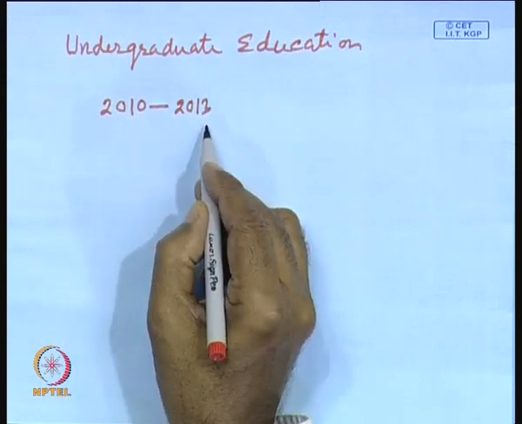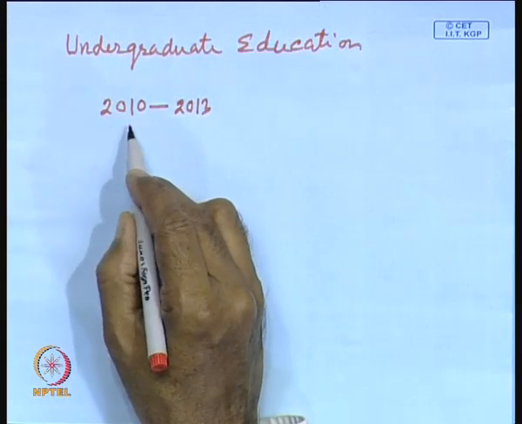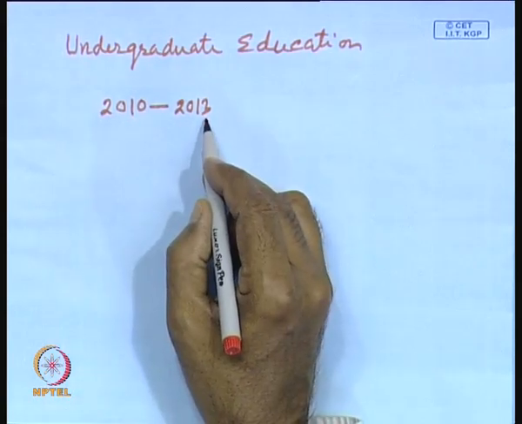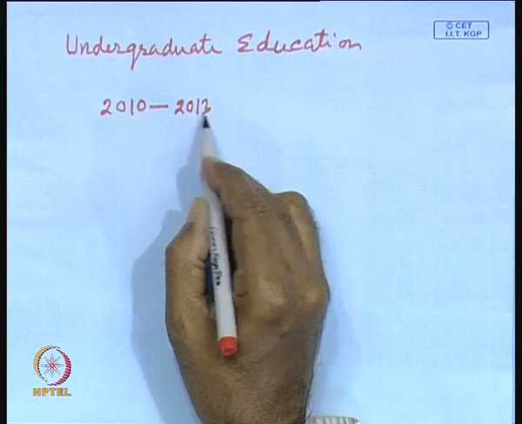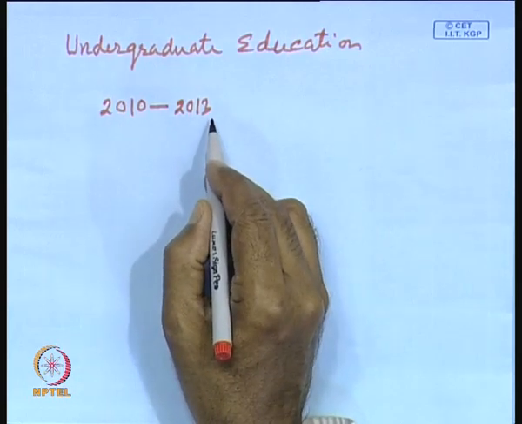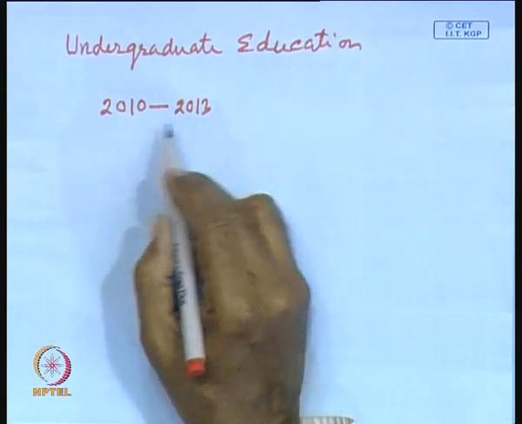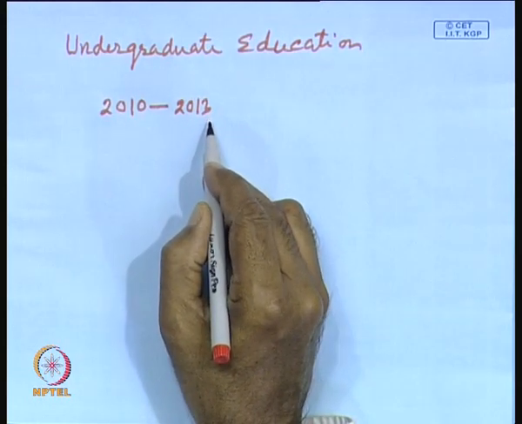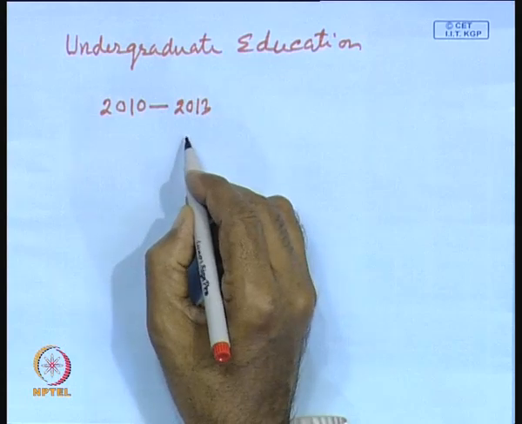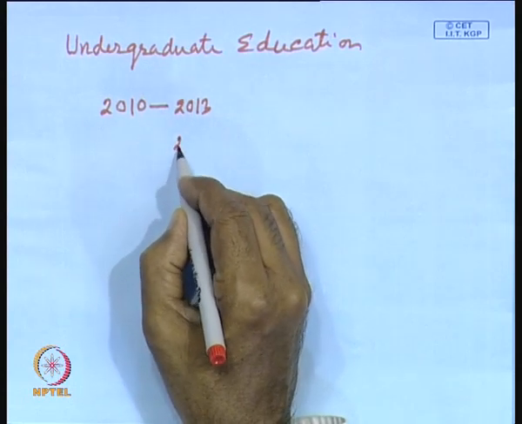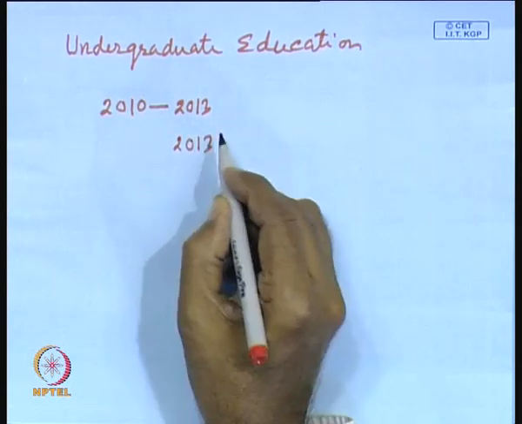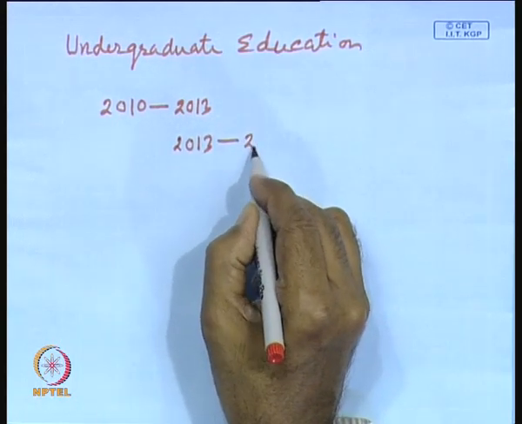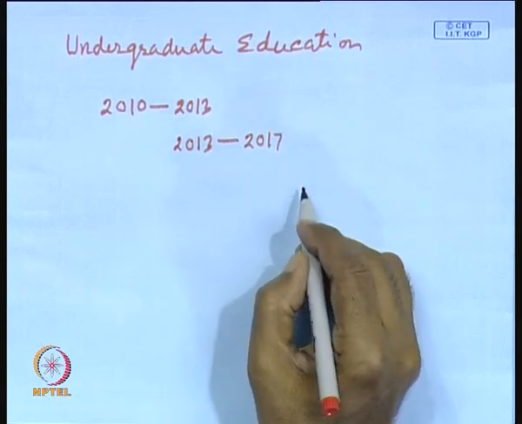So, one batch will be admitted in 2010 and they will pass out in 2013. Let us assume that we do not have enough resources. So, until the students pass out, we cannot admit a new batch. That means another batch will be admitted in the year 2013 as they pass out, and then 14, 15, 16, 17, 2017 another batch will pass out.